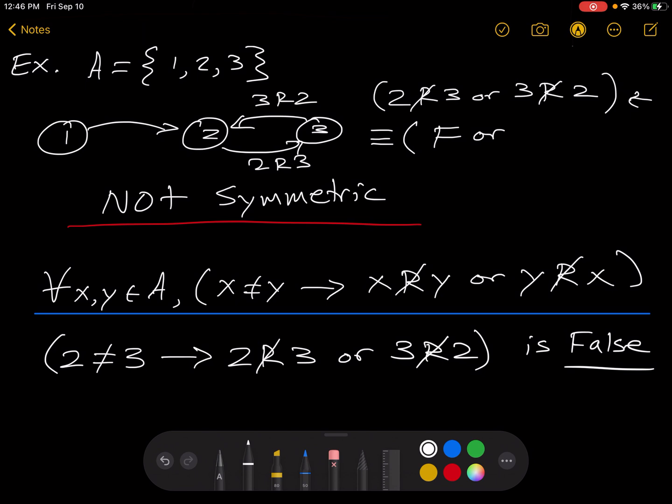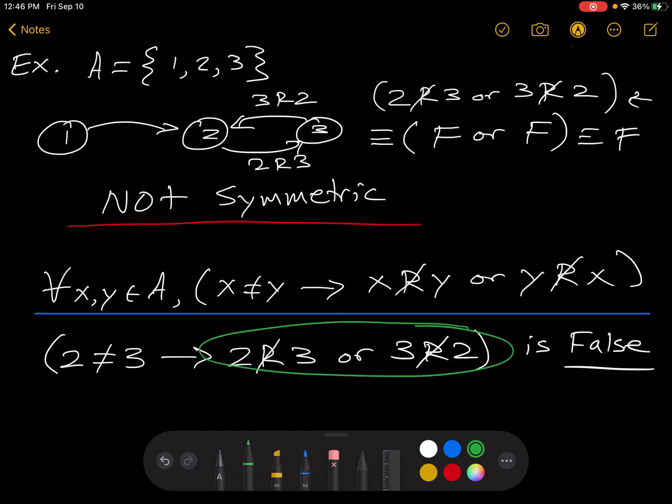And we know that 3R2 is true, so not 3R2 is false. So this is false. So what we have here is false and true. True implies false is false. So because of this counterexample, we see that this graph is not symmetric and it is not antisymmetric.